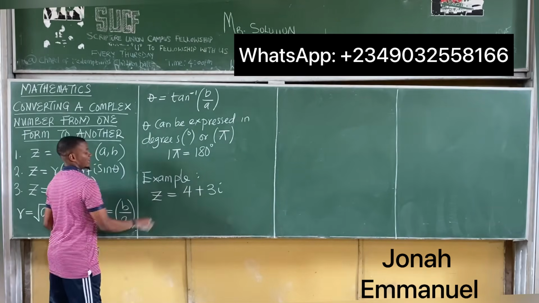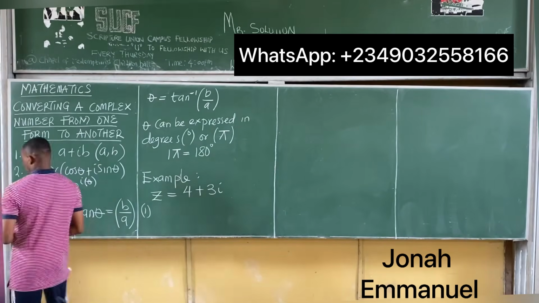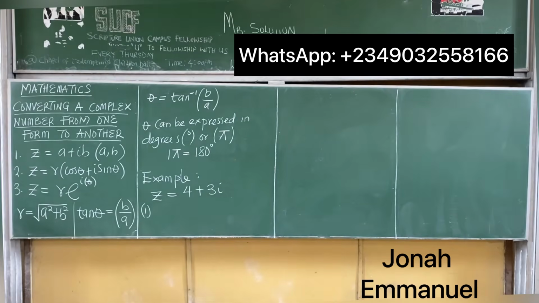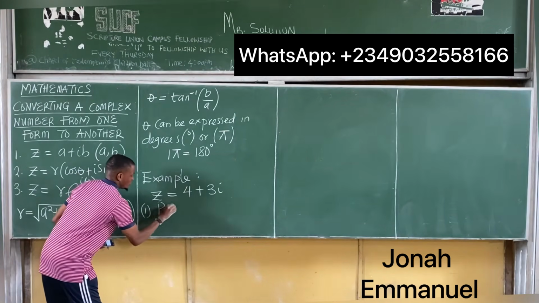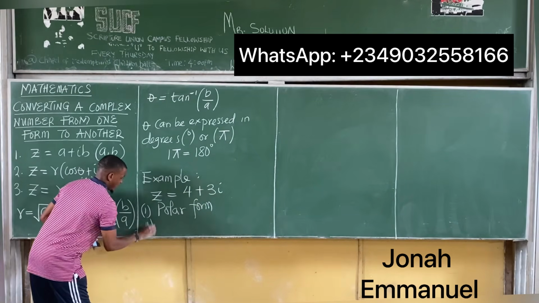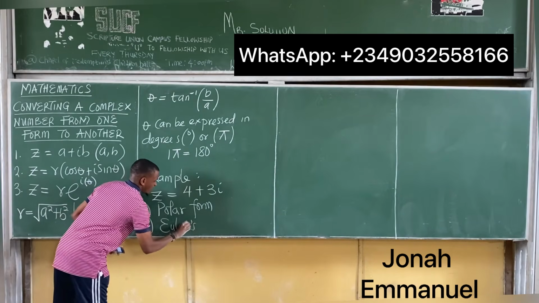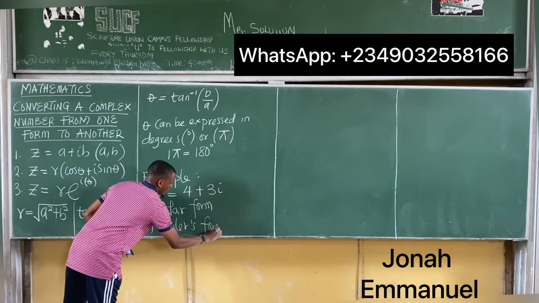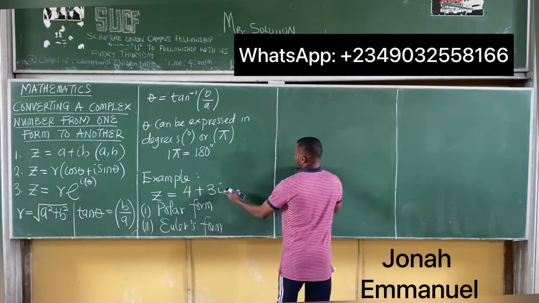So this is in rectangular form. Number 1, express this one in polar or circular form. Number 2, express this one in Euler's or exponential form.